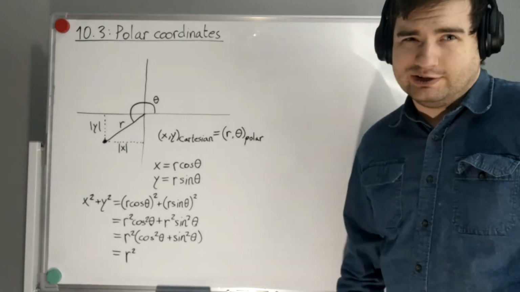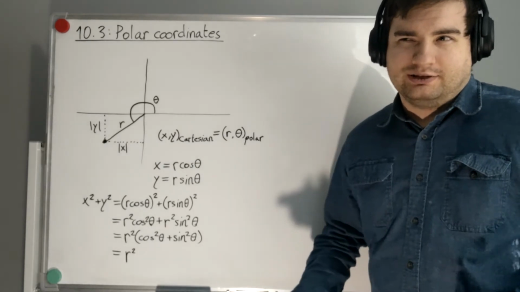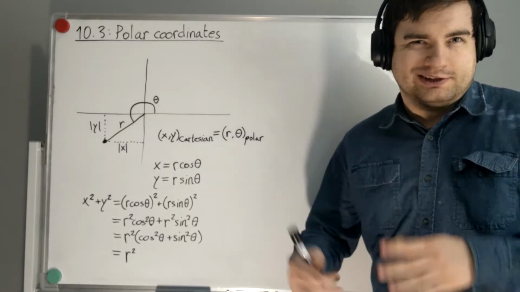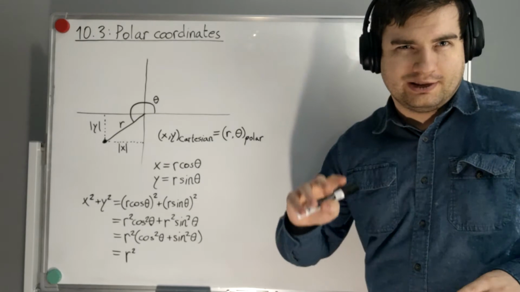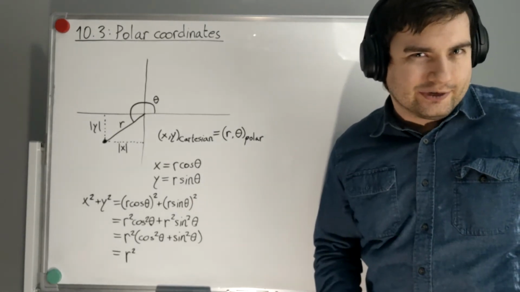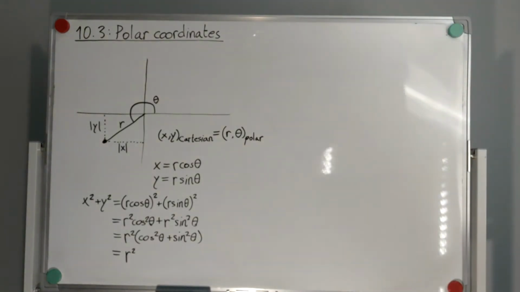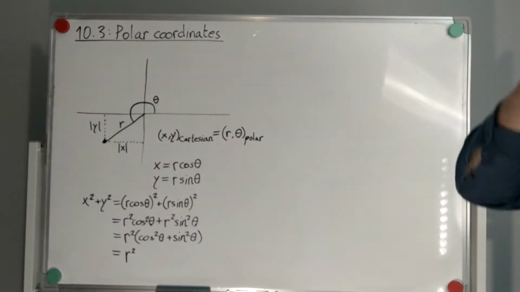And there are other complications as well, because whenever you see tangent theta equals this, you probably want to take the arctangent of both sides, but that's not always going to give you the correct answer. We'll get into all of that. So, of course, let's get started with some examples.